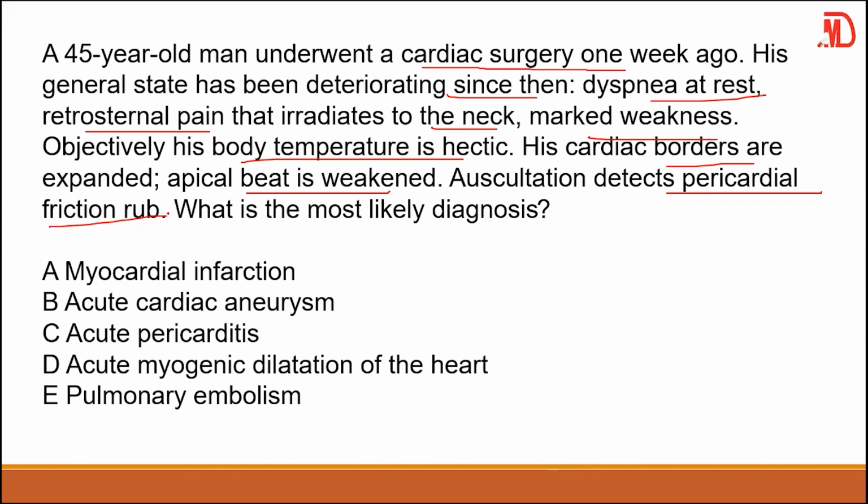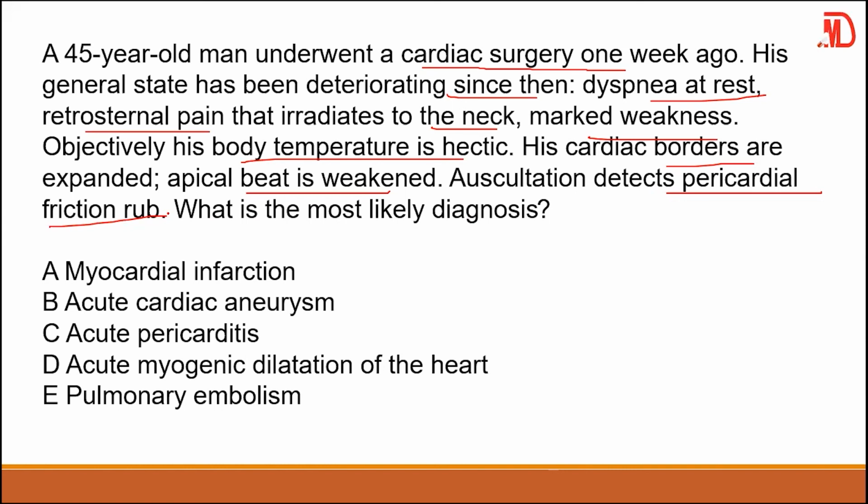Now, a pericardial friction rub, also known as the pericardial rub, is simply an audible medical sign that is used in the diagnosis of pericarditis. Pericarditis is inflammation of the pericardium, as simple as that.